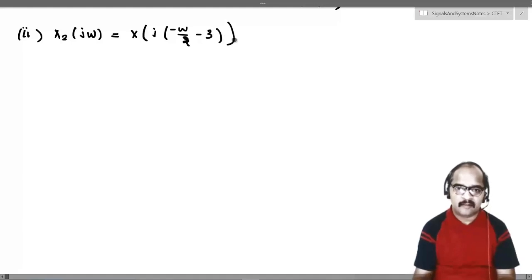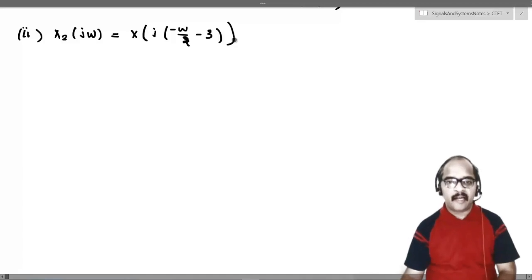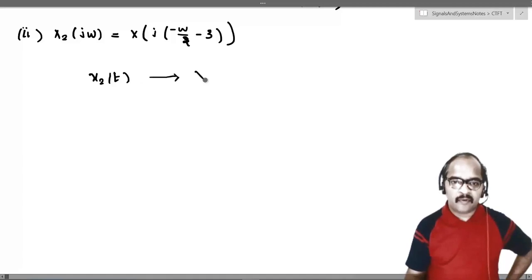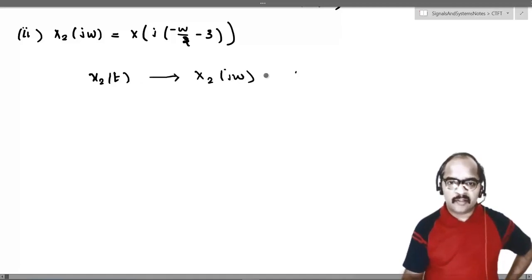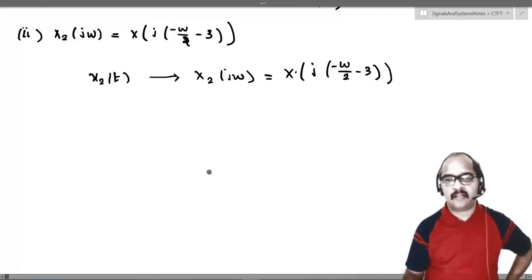Again we want to find the signal x2 of t which will have x2 of j omega, equal to capital X of j minus omega by 2 minus 3, as the Fourier transform.